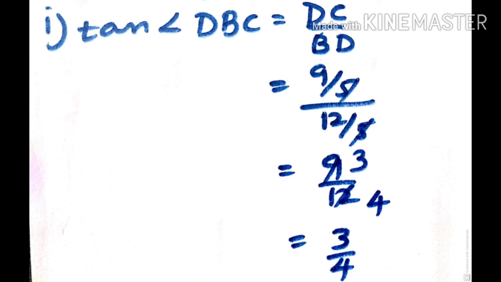So CD or DC upon BD, values we have already found. CD and BD we are placing: 9 by 5 upon 12 by 5. The 5s get cancelled and we have 9 by 12. So by 3 we take cancellation. So we get ultimately our value of tan angle DBC is 3/4.